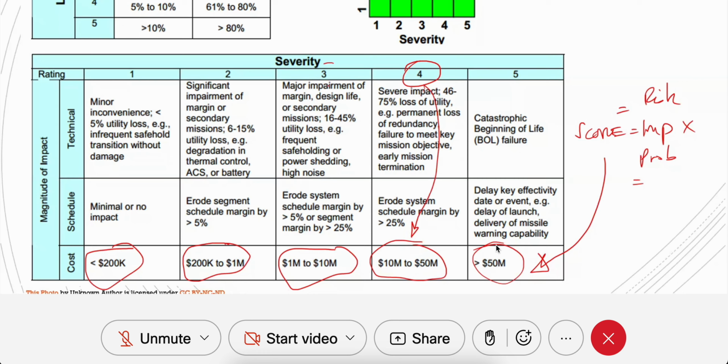If it's lower, less money. 1, less than 200K. So that's one way you can do the impact analysis quantitatively to determine the cost if that thing does happen.